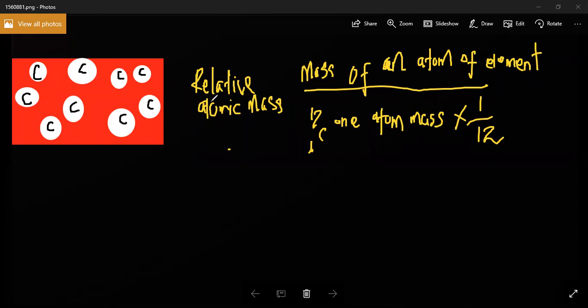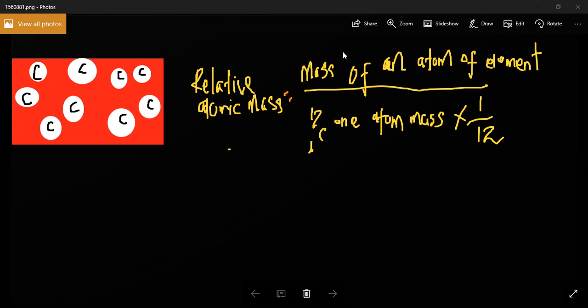So they brought up this concept of relative atomic mass, and scientists thought about how to define it, how many times it is. What is that actually? Relative atomic mass is equal to the mass of an atom of an element, whatever element atom.